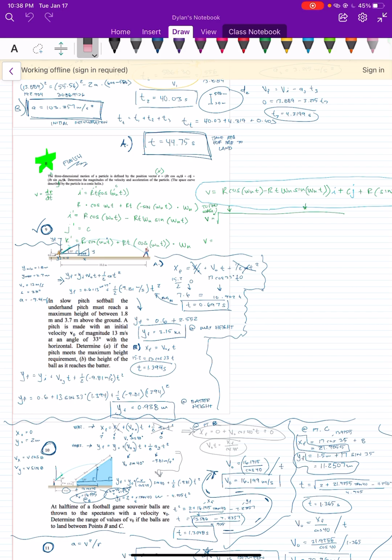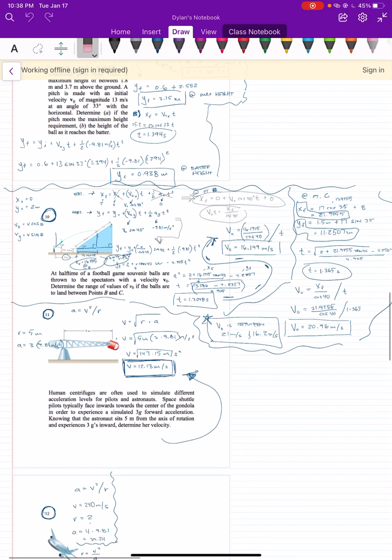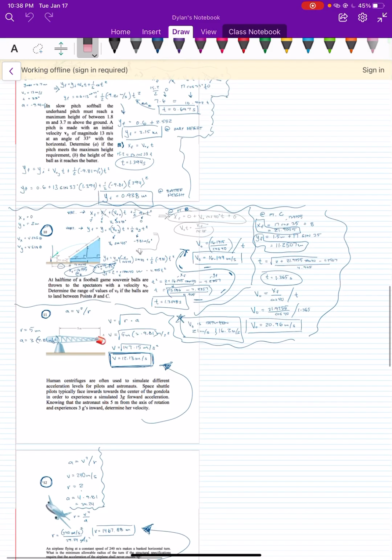I plugged it into the other kinematic equation that accounts for all the knowns, and was able to find my y distance in the middle at the very peak of the parabola of the pitch, and then at the batter height as well, dependent upon the x distance. Number 10 was the same thing, just a bit more complicated.